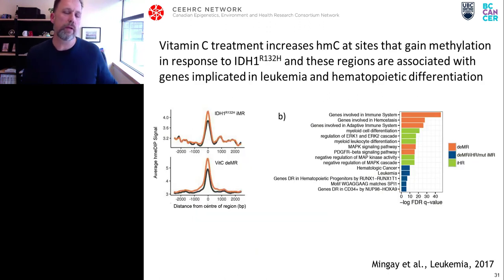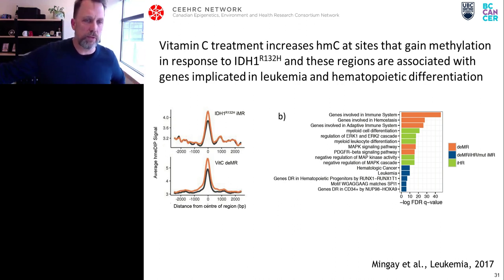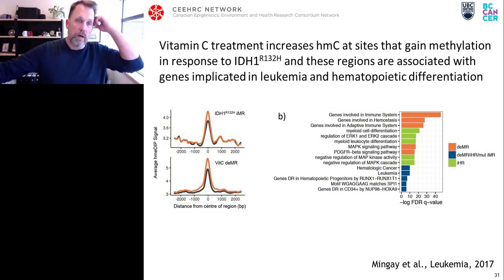So we next looked in the genome to see what epigenetic state changes were occurring. And what we could see is that indeed we could see gains of hydroxymethylation as a consequence of vitamin C, as we had shown with our immunohistochemistry. And we could see that these gains of hydroxymethylation occurred specifically at regions that had gained methylation as a consequence of transformation by IDH R132H.